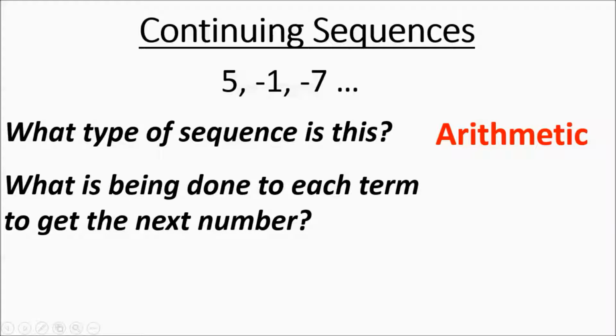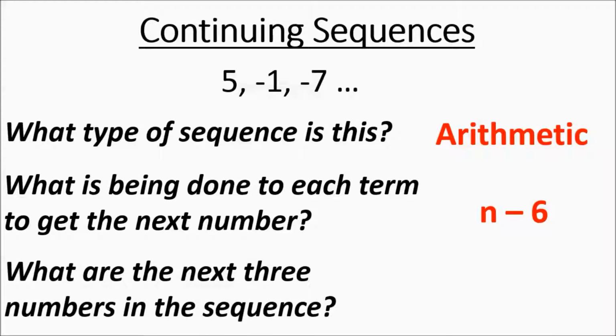We're subtracting 6 from each value. So the next 3 numbers in this sequence would be negative 7 minus 6, which would give me a negative 13. And then take 6 away from that, and then minus another 6, and you get negative 25.